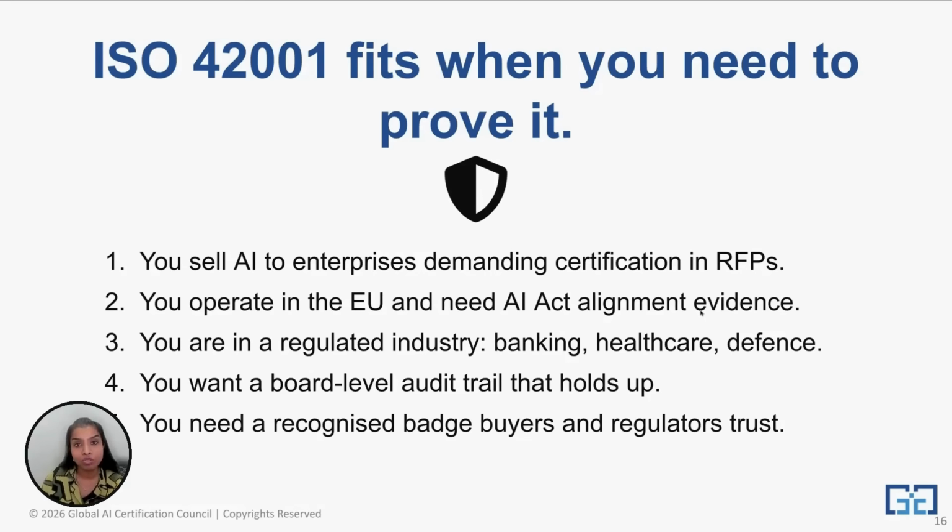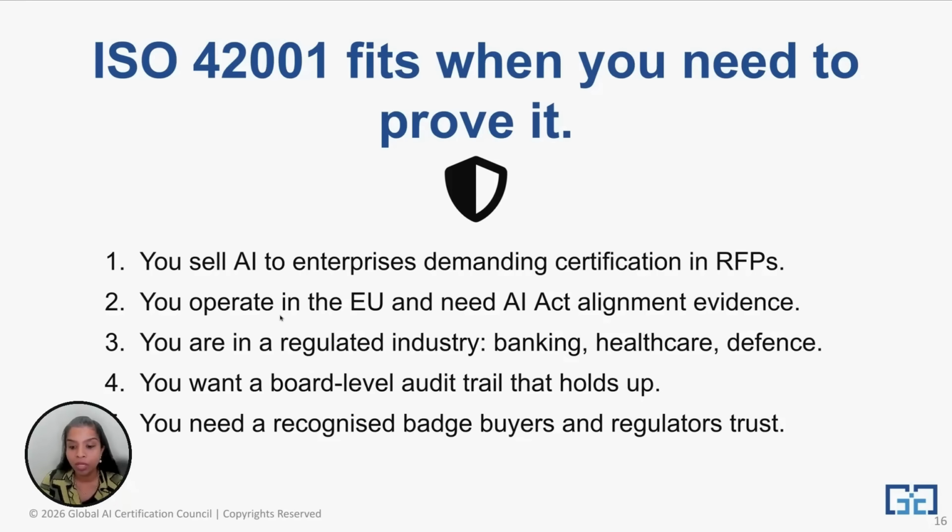So where does ISO 42001 fit? As we already saw, the NIST RMF framework fits when you actually start an AI project. ISO 42001 we can do when we actually have to prove that we are following a law or regulation. So if you're selling to enterprises demanding certification in their requests for proposals, then we need ISO 42001.